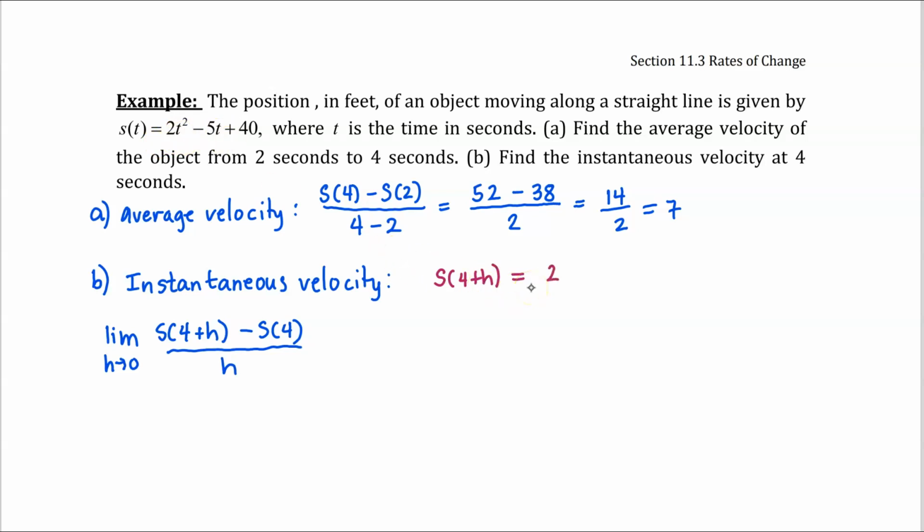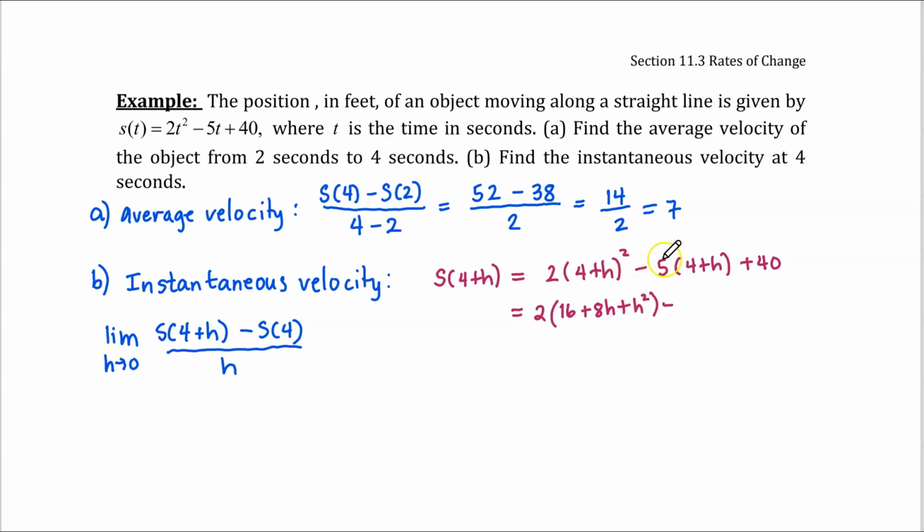So we have 2 times (4 plus h) squared minus 5 times (4 plus h) plus 40. And then we expand this. Squaring the binomial, we have 16, plus double the product of the two terms, that's 8h, plus the square of the last term, h squared.